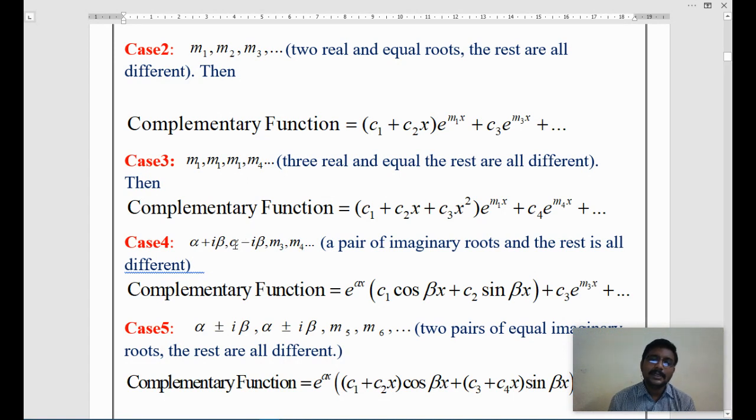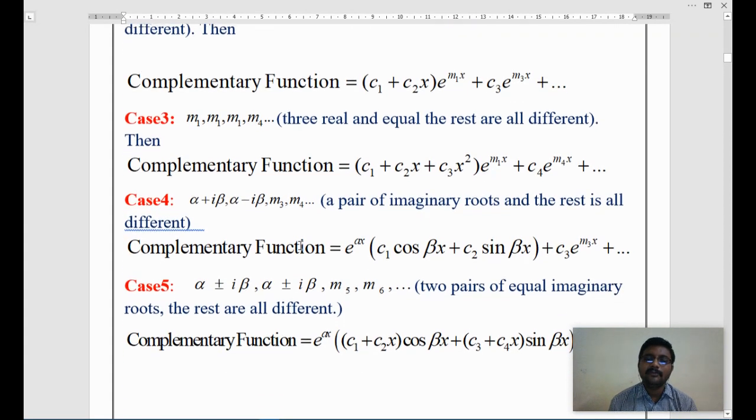Suppose two roots are imaginary, that is, complex conjugate roots. A pair of conjugate roots of the form alpha ± i beta, and the rest are all different real numbers, that is m3, m4, m5 and so on are real but different numbers.